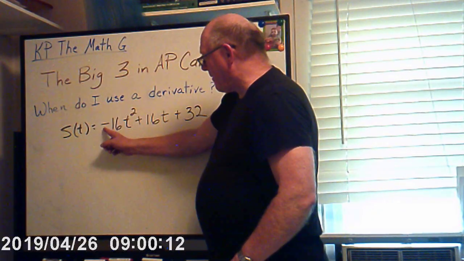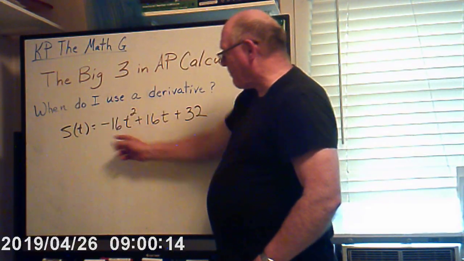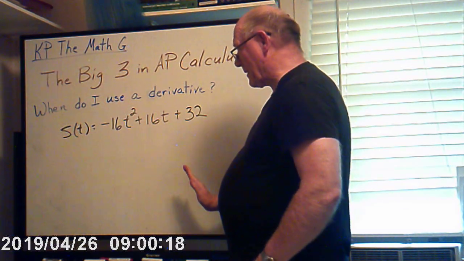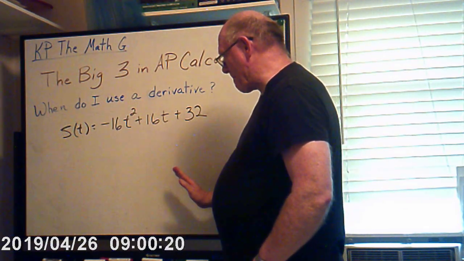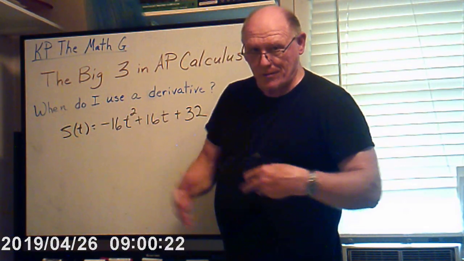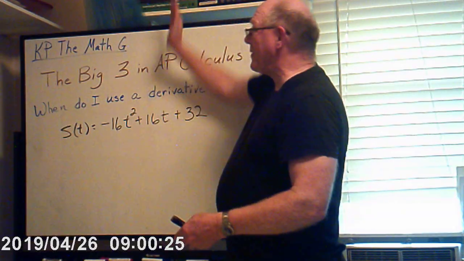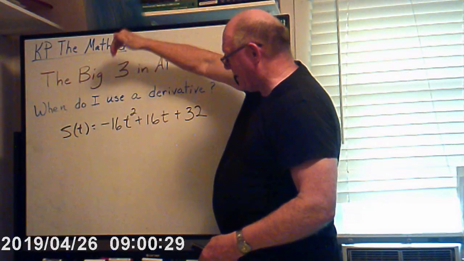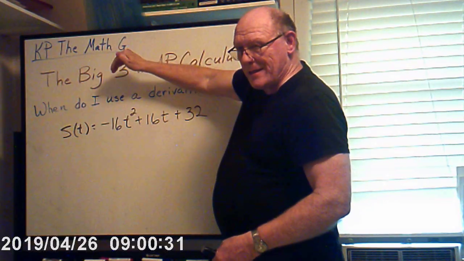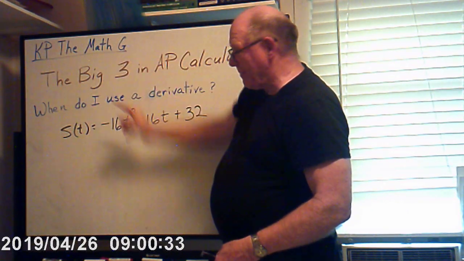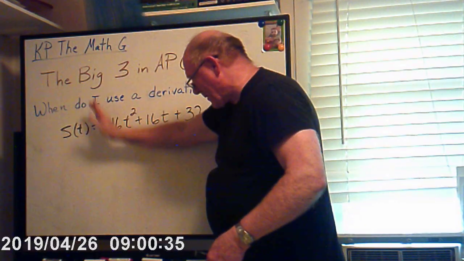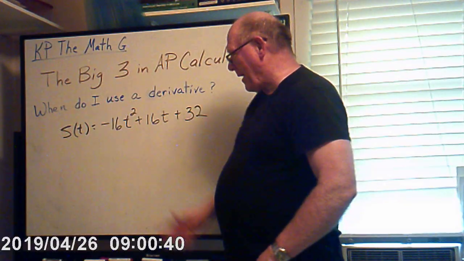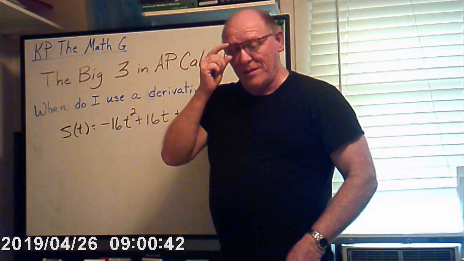But at any rate, this negative in front of the t squared simply means that if this represents a ball being thrown up in the air, it is going to be curved downward. You're going to have a vertex up high. If this is positive, you'll have a vertex down low. But that's beside the point. Just recognize things like that when you're dealing with a problem.